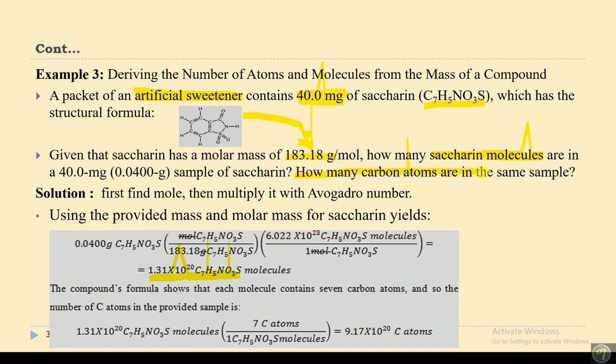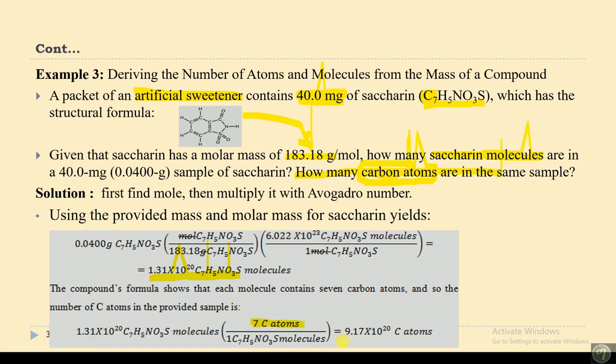carbon atoms. In terms of carbon atoms, first we found how many saccharin molecules there are. So for the number of carbon atoms, since one molecule has 7 carbons, I multiply the number I found by 7. So you can find again the number of carbon. So what did we do: we found the mole, converting 40 milligram to gram, 0.04 divided by 183.18, so this number is divided by this so that the mole is obtained.